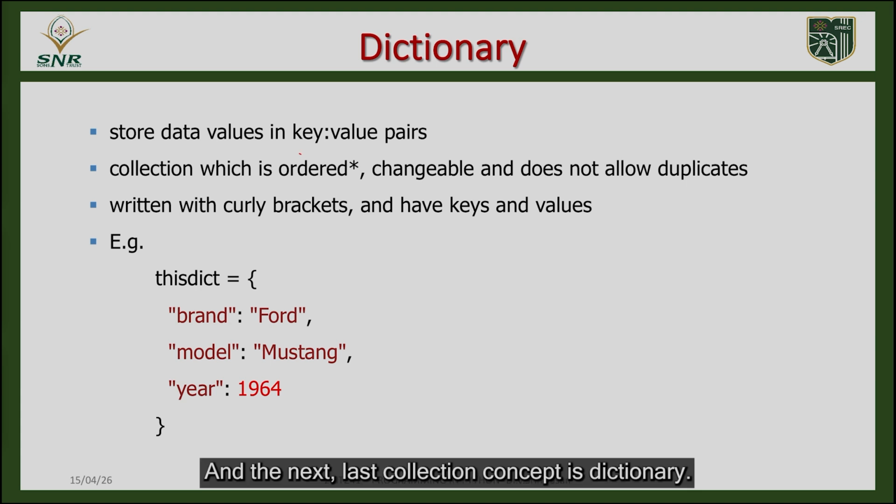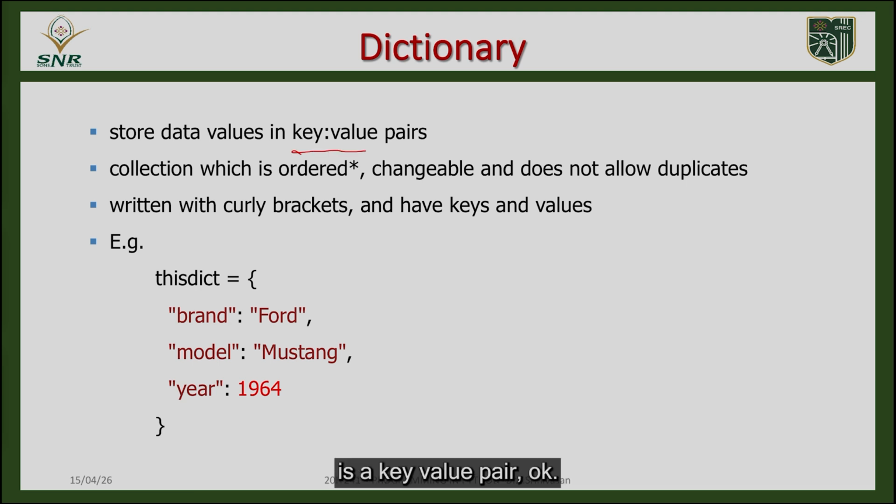And the next and last collection concept is dictionary. Again, similar to the previous concepts of list, sets, and tuples, dictionaries also hold a collection of values, but this collection of values is in key value pairs. So far we had seen only values, but here we have key value pairs.